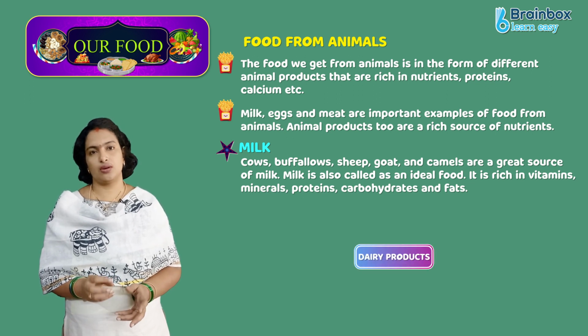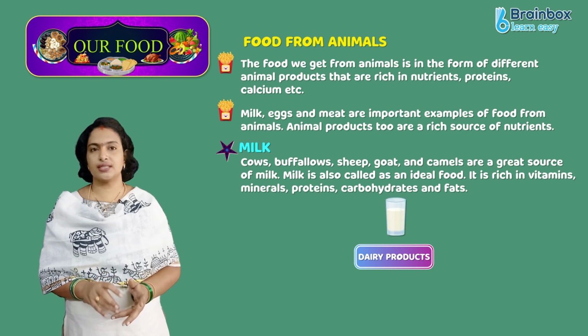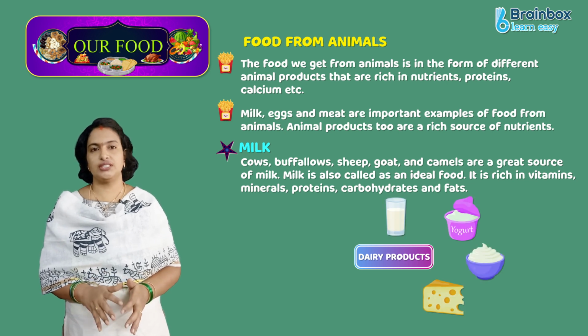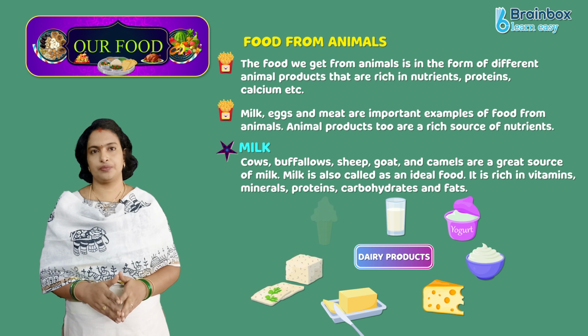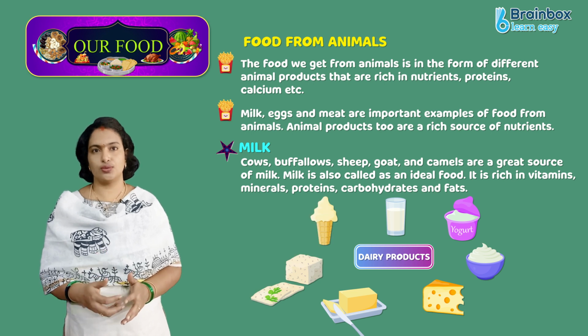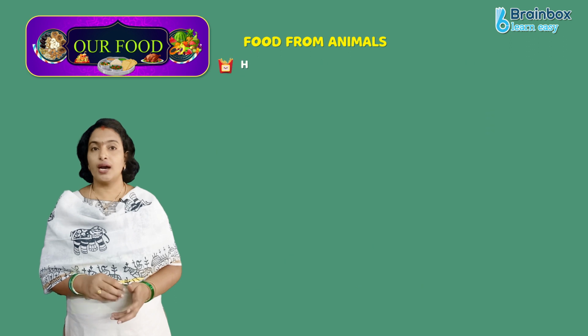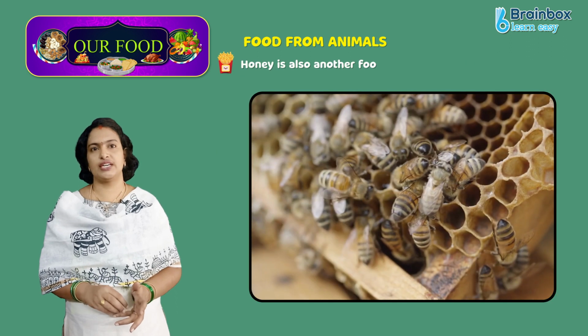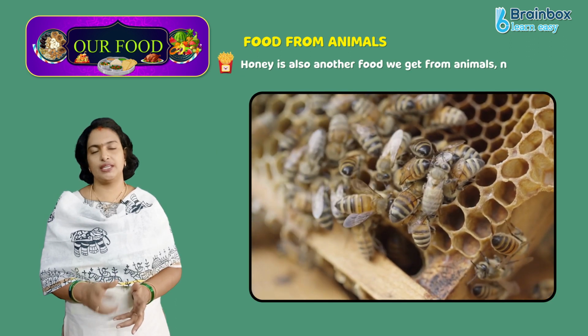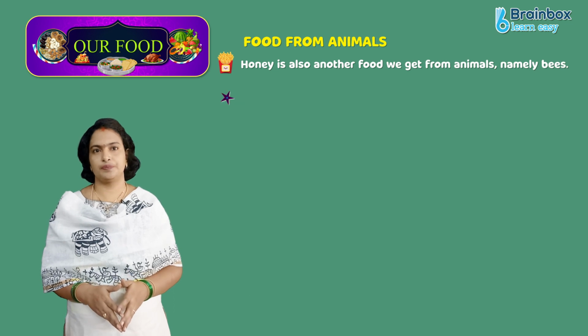Next is curd, cream, cheese, butter, etc. So these are also sources of food we get from animals. All of these are made from milk, and the milk comes from animals such as cows, buffaloes, goats, etc. Honey is also another food we get from animals, namely honeybees.